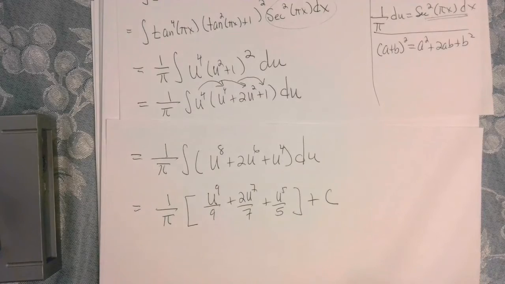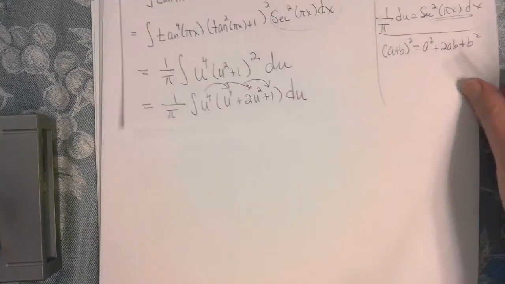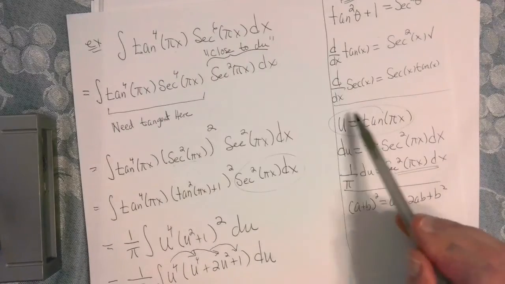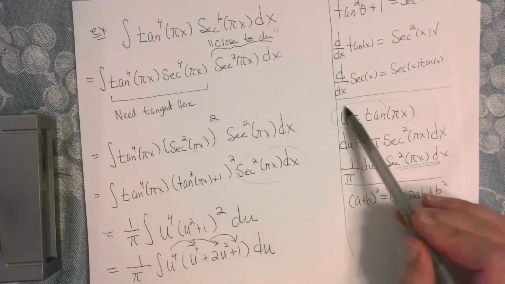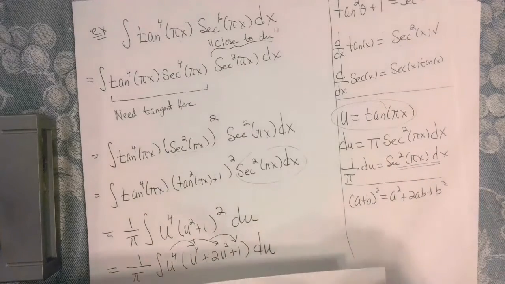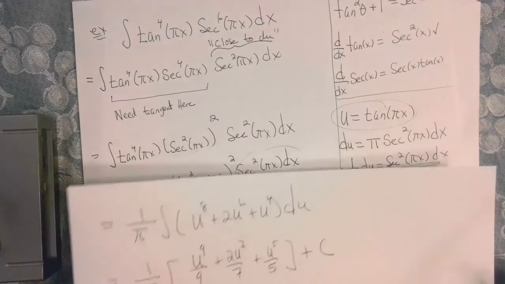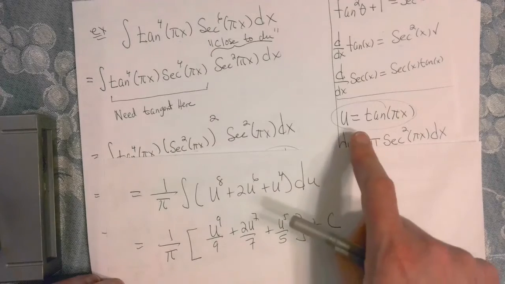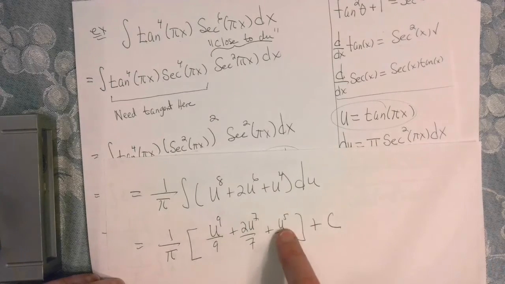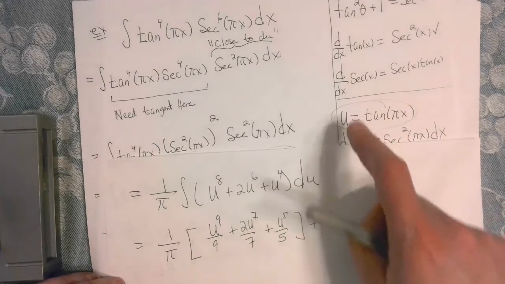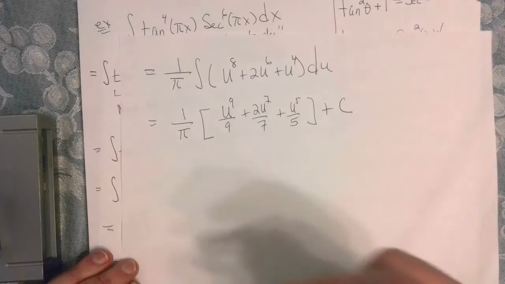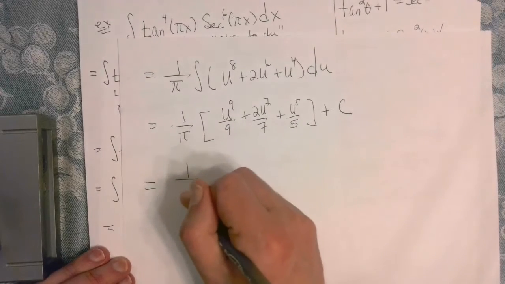Now we have to remember our substitution statement. So let's go back, look right here. And we can use this to express our answer in terms of x instead of u. So everywhere I see a u, namely here, here, and here, I'm going to replace it with this quantity here, tangent of pi x. So that gives me the following.